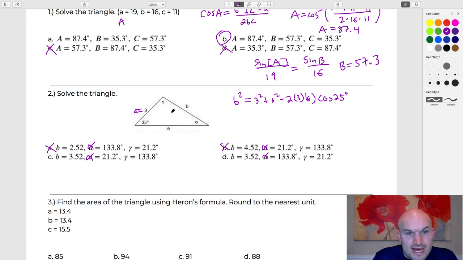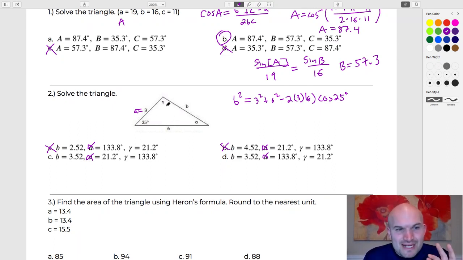All right, so now if I just want to solve for, I guess that's a good point here. That's actually a good question. I didn't check this before. Yeah, let's go ahead and find alpha, because alpha has to be smaller than gamma, right? Because the opposing side is 3 and this opposing side is 6.